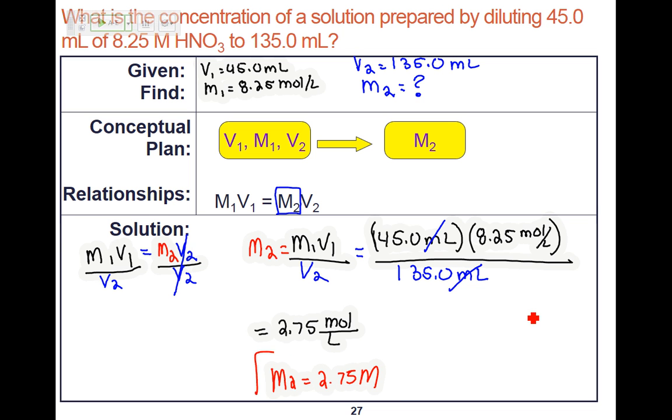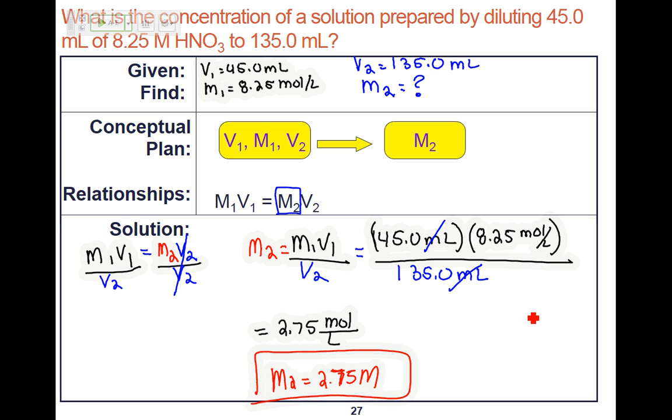Which you can show as moles per liter, or you can show with the M. They're both accepted. This makes sense because I diluted. So my final answer should be less concentrated because I took 45 milliliters of something and I added enough solvent to make it 135. I didn't change the solute, so I made it less concentrated, so this molarity should be smaller. So you can always go and check your work.